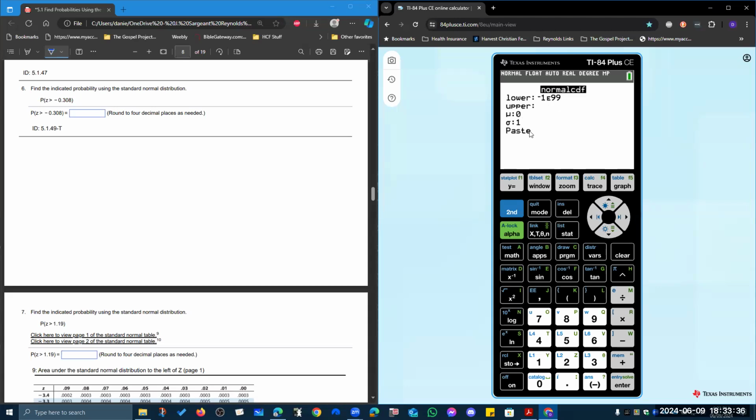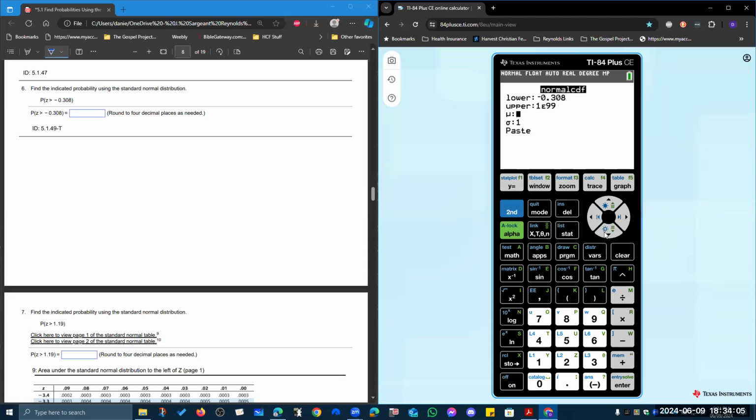So we want greater than negative 0.308. Negative 0.308 is my lower bound. My upper bound needs to be something super big, and I just like to use 1 times 10 to the 99th power. That's always sufficiently large.